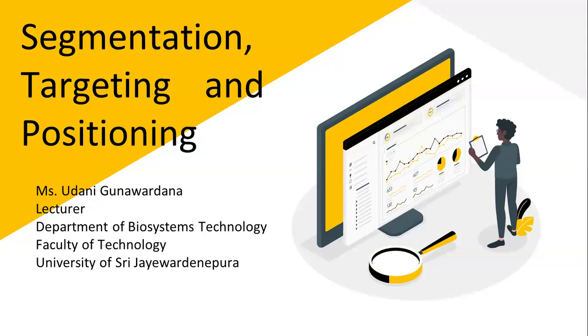And once you release your product to the market, you have to correctly find out who will be your target customers in your market and position your product among those target customers.